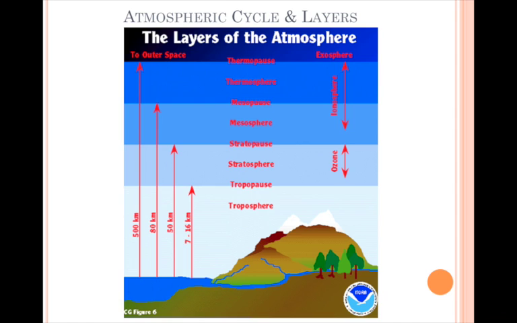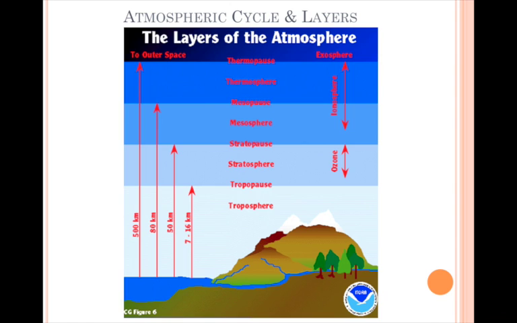Then we have the thermosphere, which extends about 56 miles from the ground. Temperatures can get up to 2,700 degrees Fahrenheit at this altitude. So you can see how hot it could get here on Earth without the stratosphere and the troposphere.